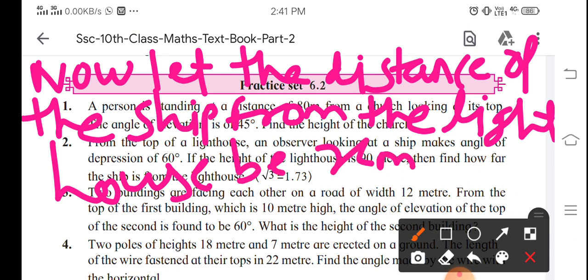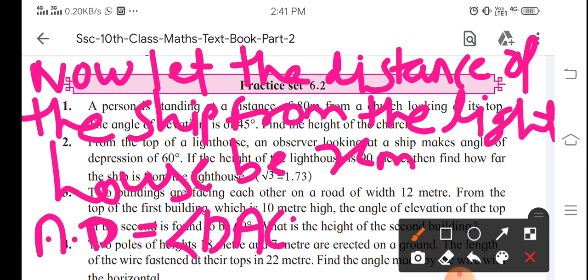So this we have to assume. I think this is clear. Now angle of depression, I'm just writing over AD. This angle DAC is 60 degrees.